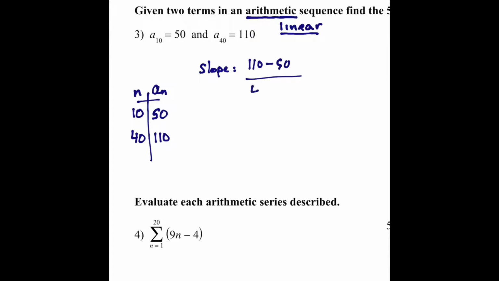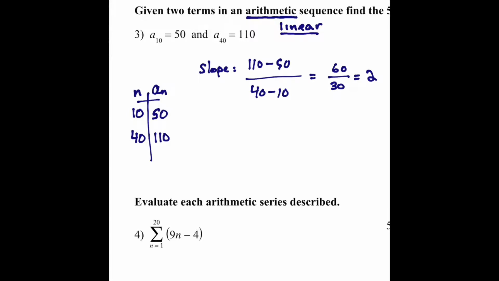And the difference in x would be 40 minus 10. So then 110 minus 50, that's 60. And 40 minus 10 is 30. 60 divided by 30 is 2.